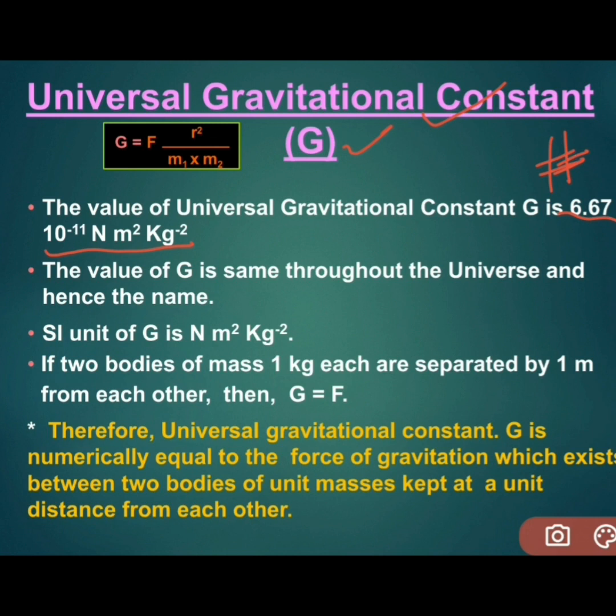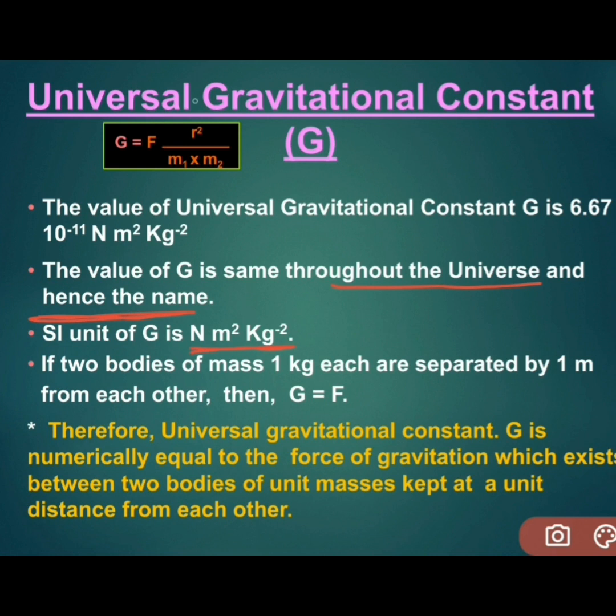You need to learn this value, 6.67 into 10 raised to the power minus 11 Newton meter square per kilogram square. The value of capital G is the same throughout the universe, and hence the name. Its value is the same, it can never change. Its SI unit is Newton meter square per kilogram square.